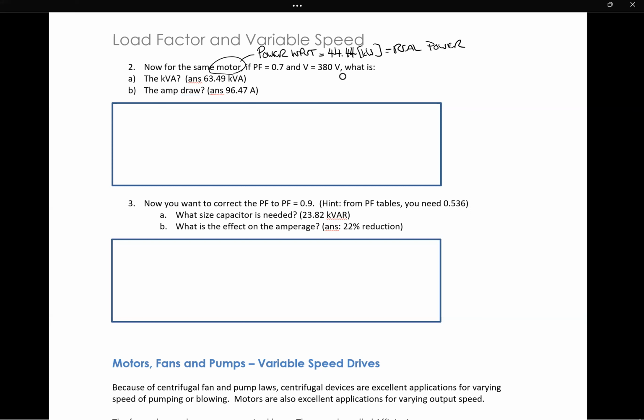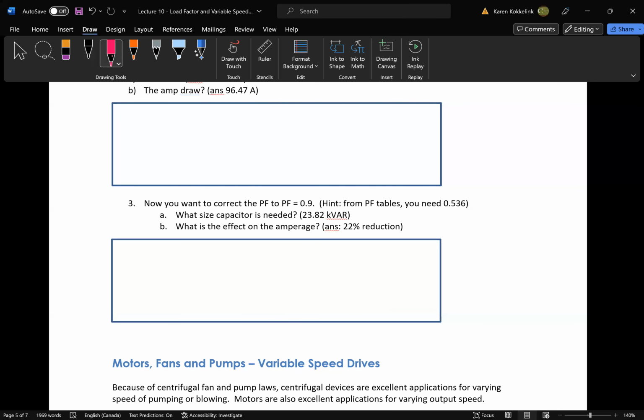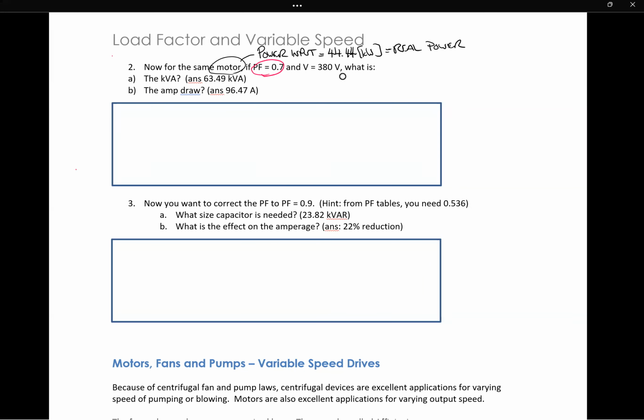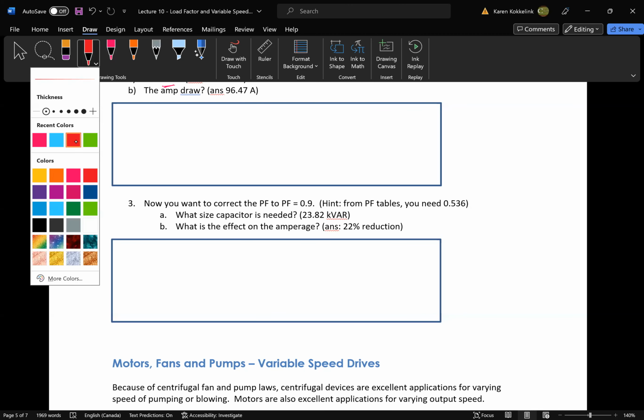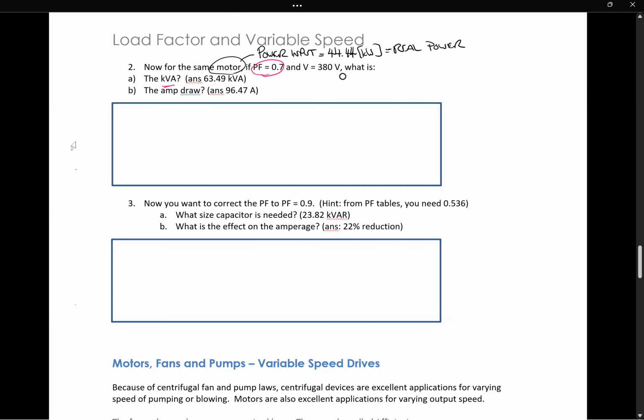And we're going to say that if we change the power factor to 0.7, let's apply a voltage to it just for this question. What's the kilovolt amps? Kilovolt amps is the apparent power. I'm just going to do apparent power in red, because it's really not that great that I have to actually provide this apparent power.